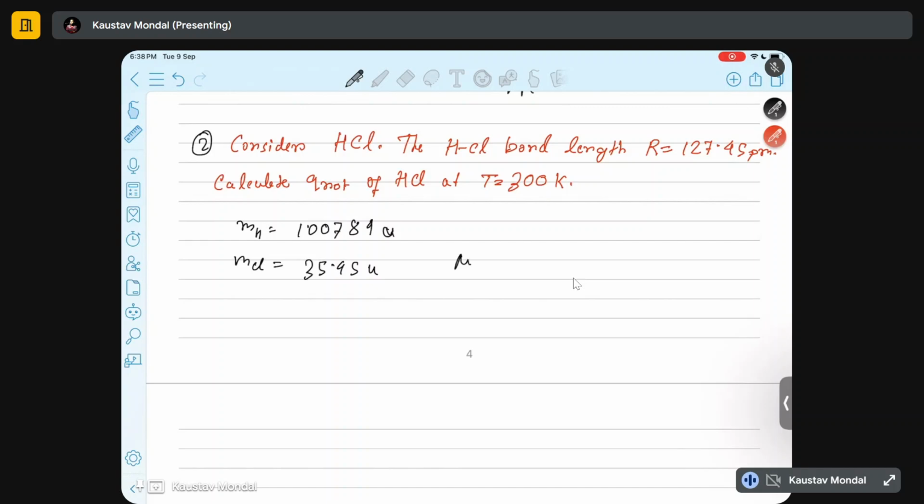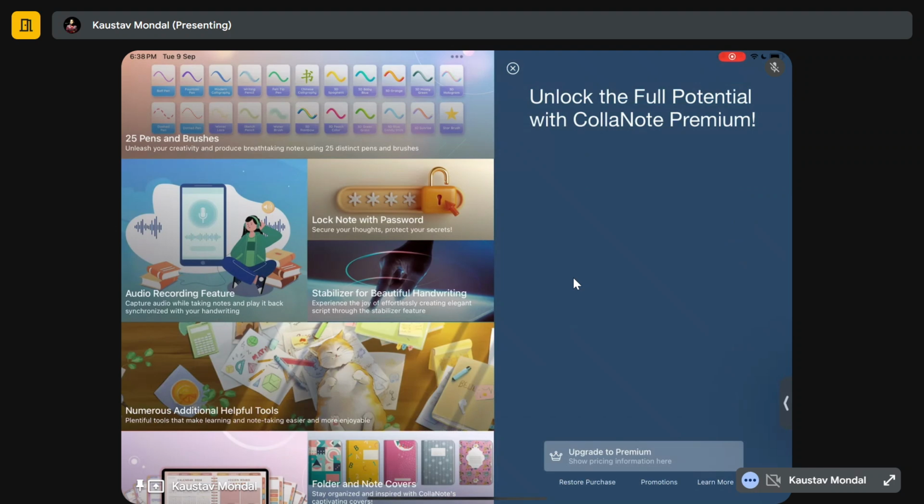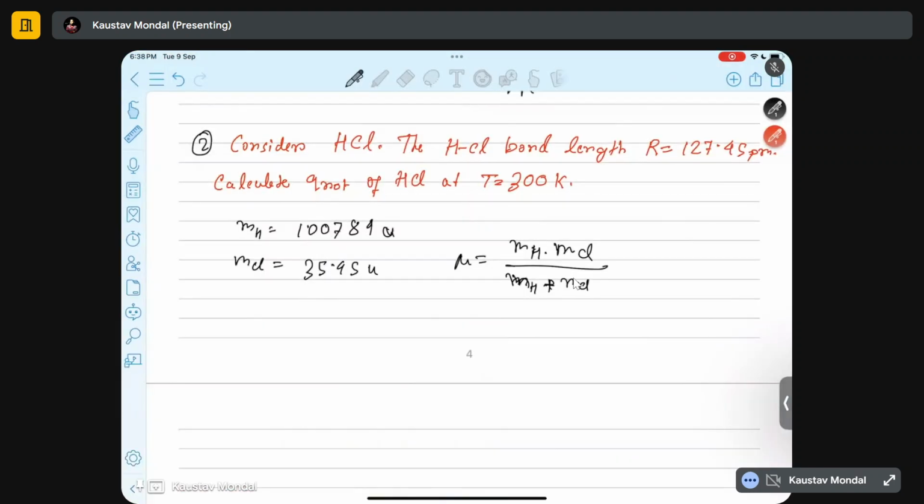So the reduced mass mu would be mH into mCl divided by mH plus mCl. Okay.